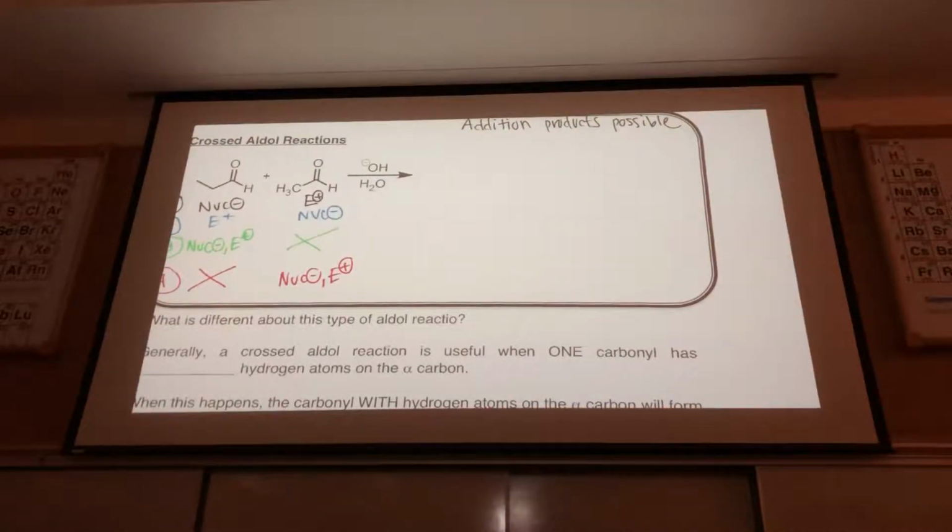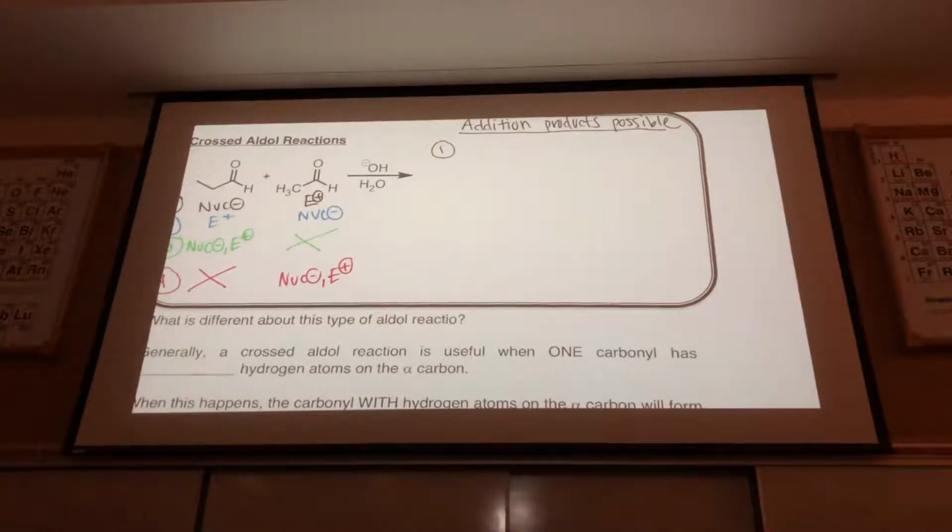All right, so the possible addition products. So in black, I'll do case number 1. That's where we let the first one, so propanaldehyde, also known as propanal, react with acetaldehyde, also known as ethanal.